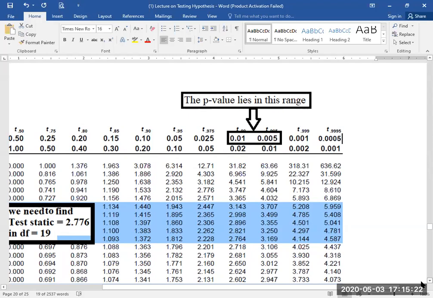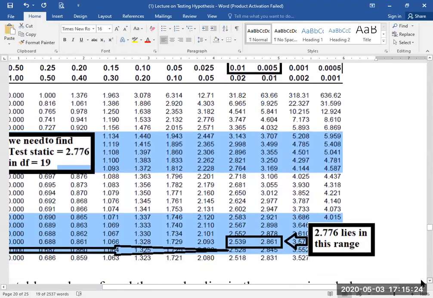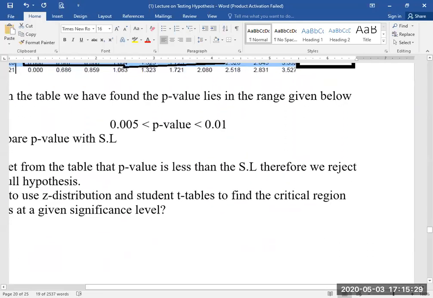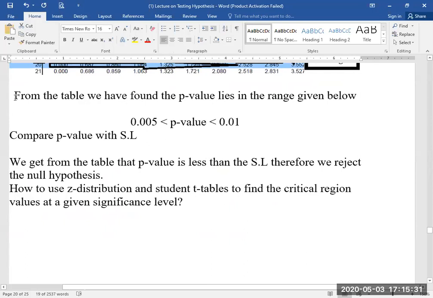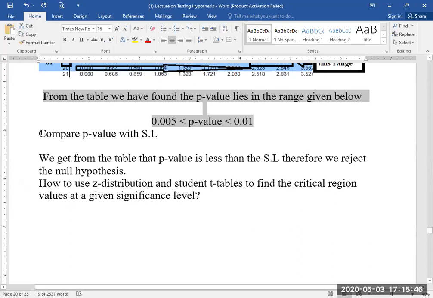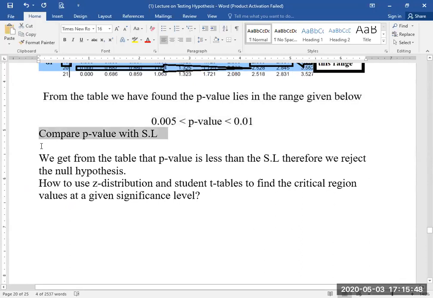Now, students, I'm writing this range on the next page. See, students, here. From the T table, we have found the p-value lies in the range given below. The range is 0.005 to 0.01. Okay, students, compare the p-value with the significance level.